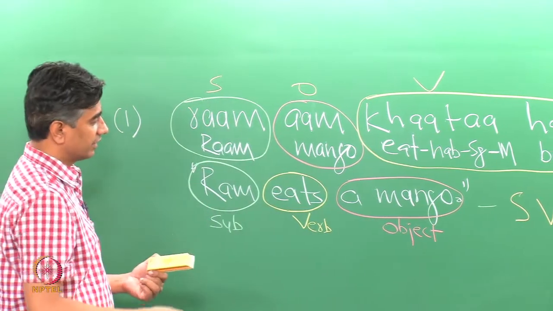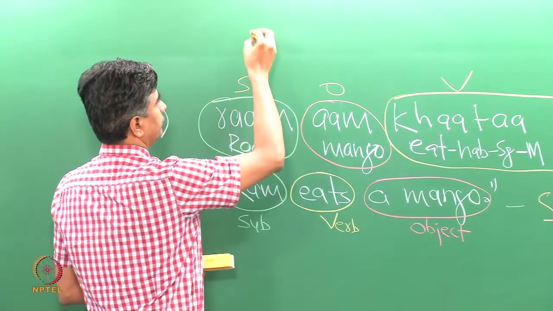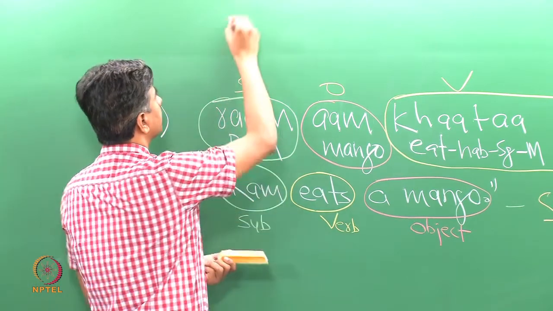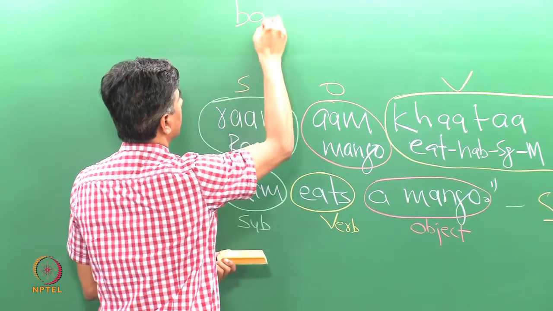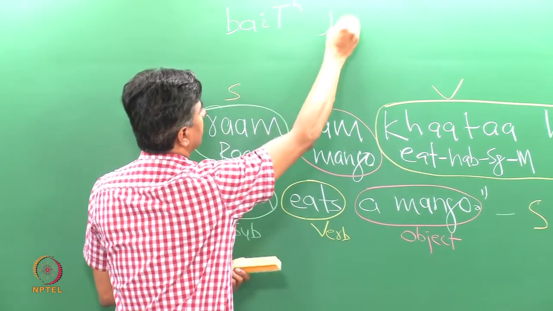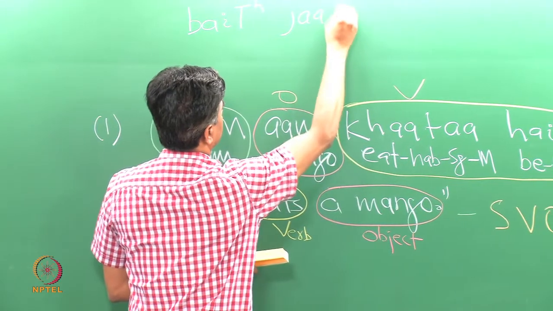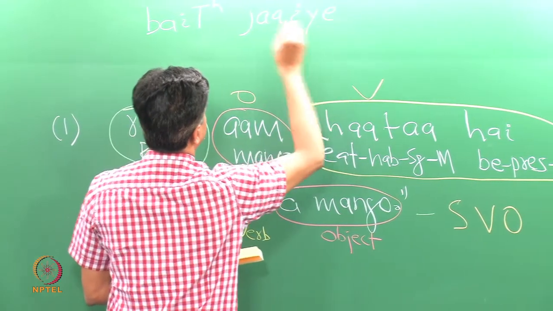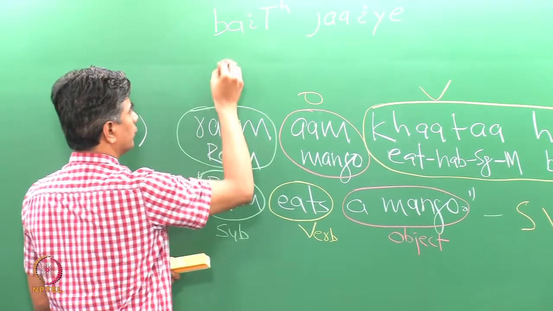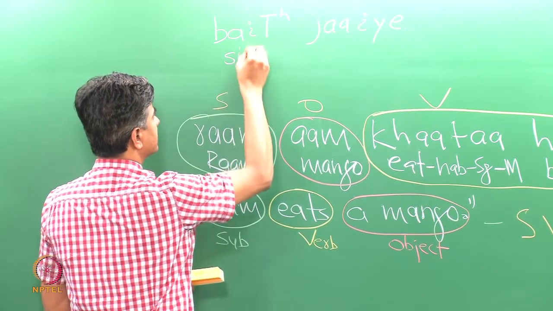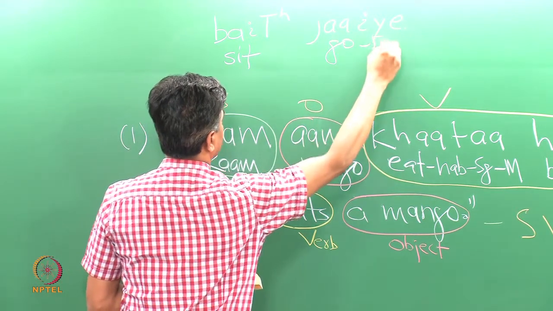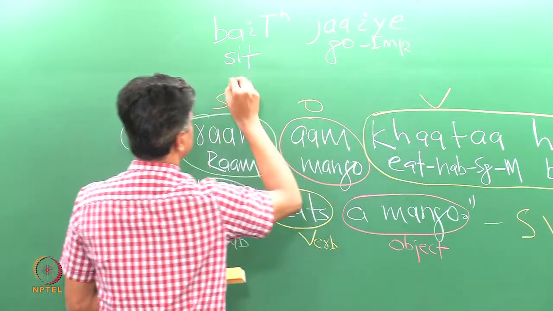Compound verbs are like when we say a sentence like बैठ जाइए in Hindi, which literally means sit, and then this means go, imperative.